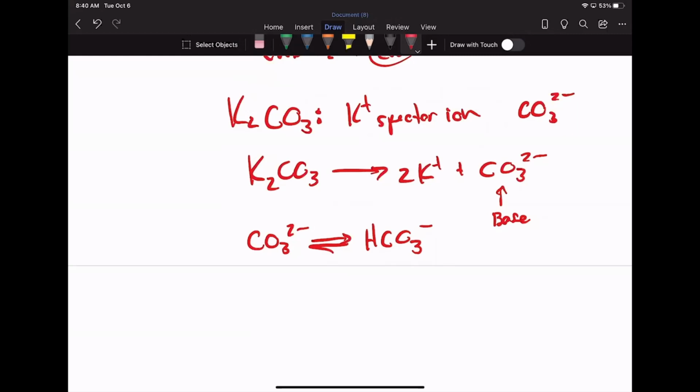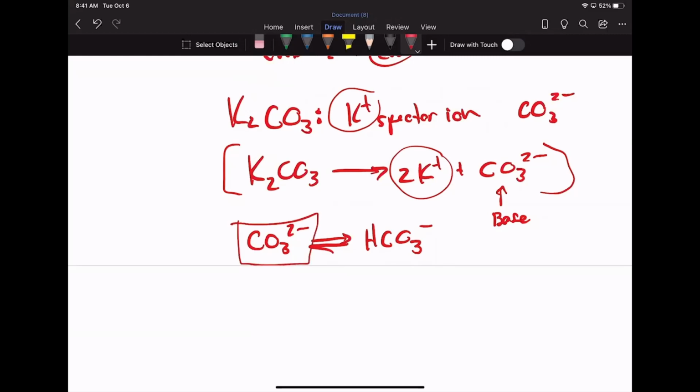So we just need to determine what these reactions are, because essentially this is not going to affect pH. It's not going to affect the hydronium or the hydroxide. This, when put into water, will affect pH. How? Well, let's put it into water and see what happens.